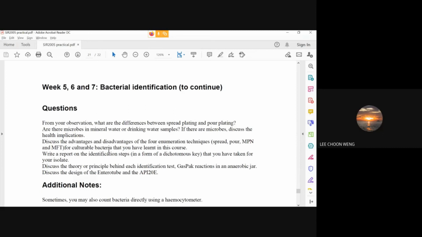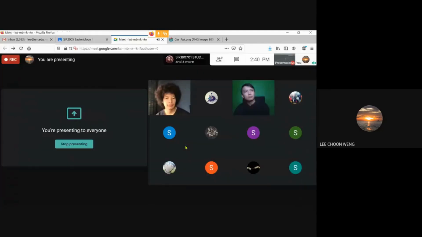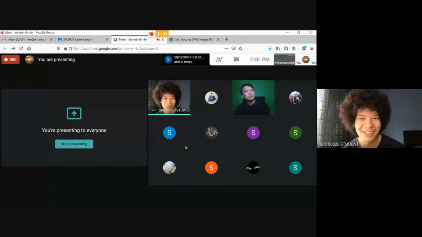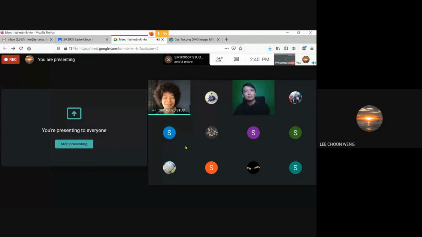Next, discuss the advantages and disadvantages of the four enumeration techniques. I've already mentioned spread, pour, MPN, and MF. Tell me, anyone, the advantages and disadvantages among the four techniques. MF is for large volume. Yeah, large volume, but you must remember, large volume of what? Cleaner water.